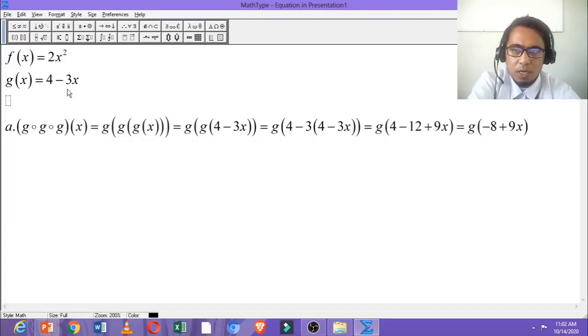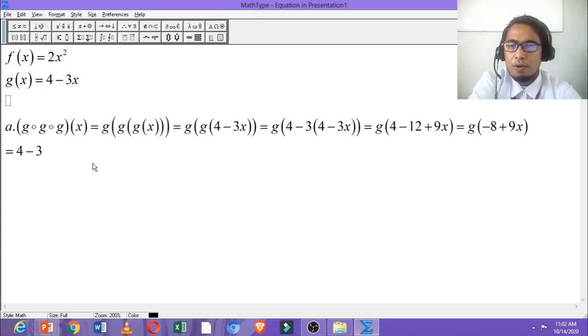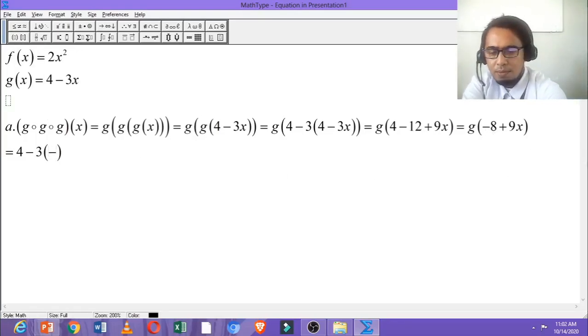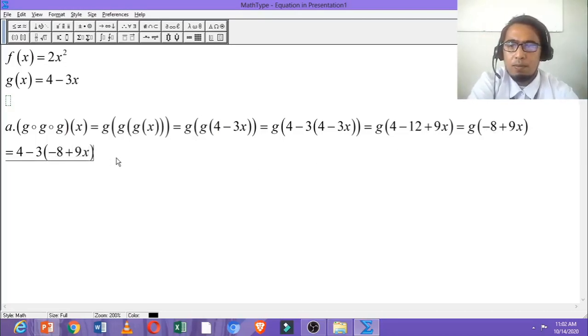Again, we will be using this one. It will be now equal to 4 minus 3, then your input. For the last time the input is negative 8 plus 9x. Then simplify it further, we will be distributing the negative 3. So you will have 4.